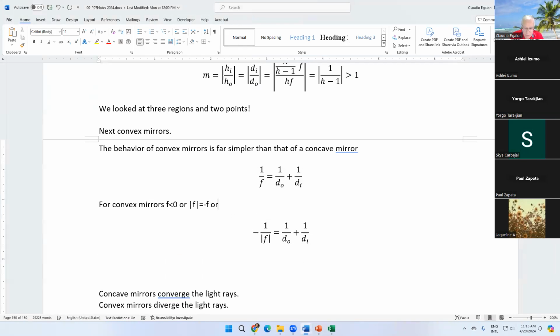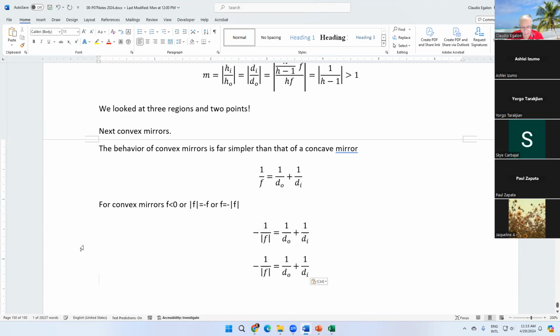Or f equal to minus, like that. And now we go ahead and pass the d naught to the other side. So this ratio will always be less than 0.